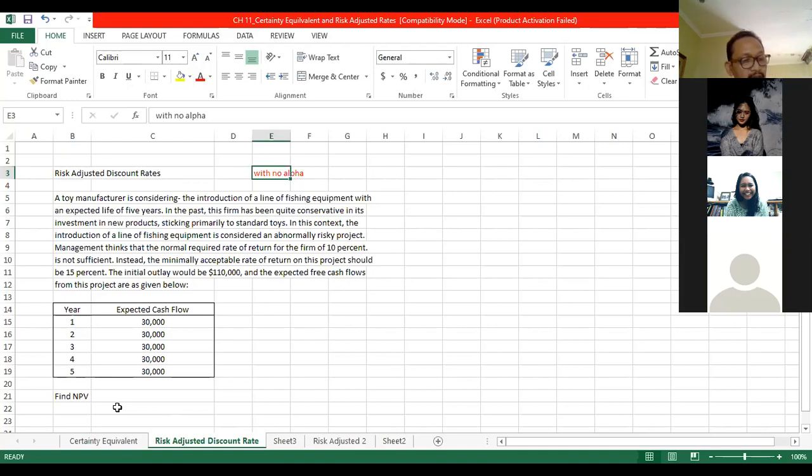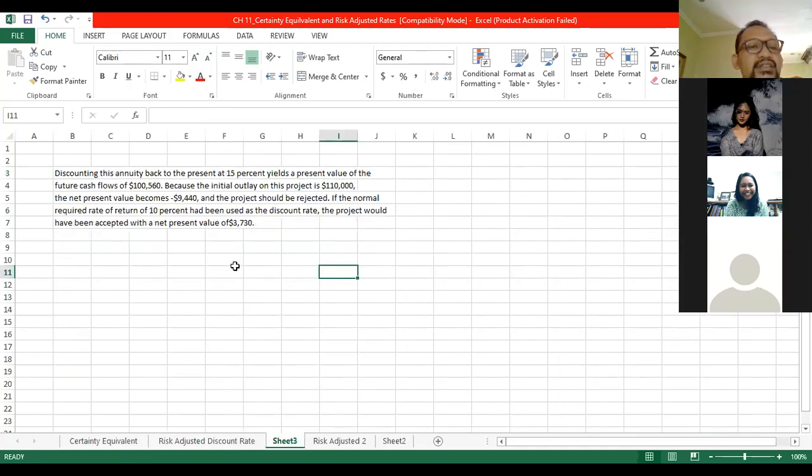Or you can use the calculator for this. Also, in here the cash flow is the same: every year they get a cash flow of 30,000. So the easiest way is to use the calculator.